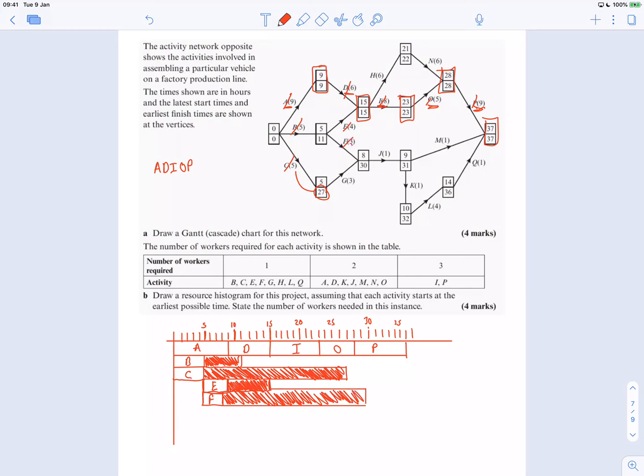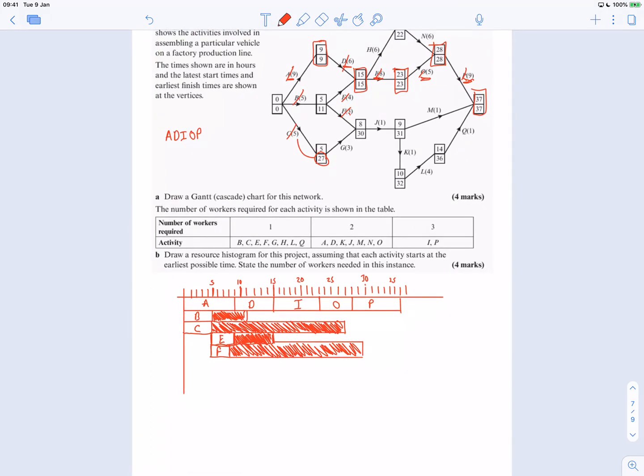So that's done. Then G can also start at 5. Wow, and it's also got a slack of 30. So essentially I'm just copying out this box again. That's G. And this is all slack.